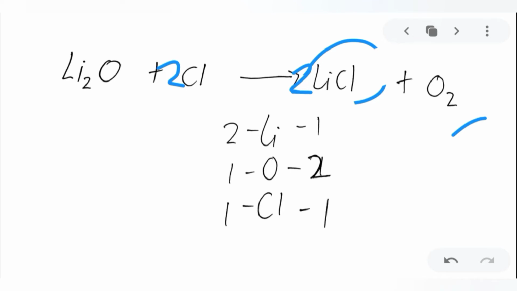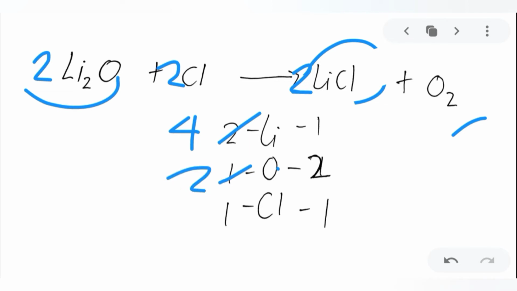Okay, so let us check if they are already balanced. On the reactant side, we have 2 pieces of lithium still. For oxygen, we have 1 piece of that. So I guess you need to add 2 pieces of oxygen here. So let us check again. So that will be 4 already. And then for oxygen, you have now 2. And then for chlorine, you have now 2.